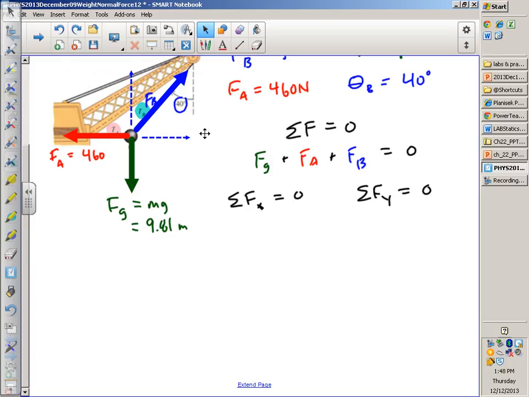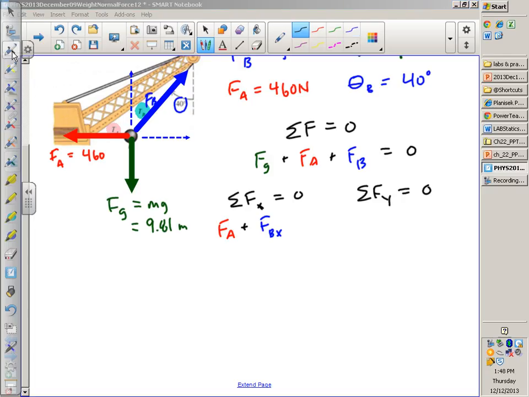So now on the x-axis, how many forces do we have? Now there's two, right? We have that force of A plus we have B, but it's not all of B, right? It's only what? Not necessarily half, but the horizontal or the x component of B. Those two together have to equal 0.